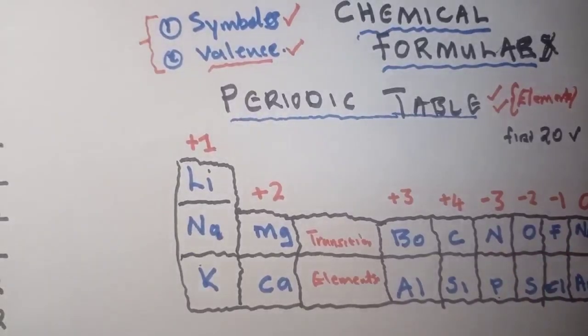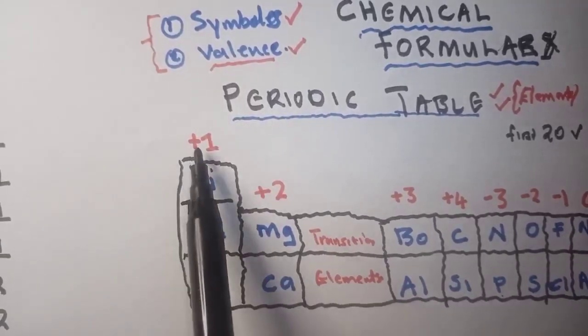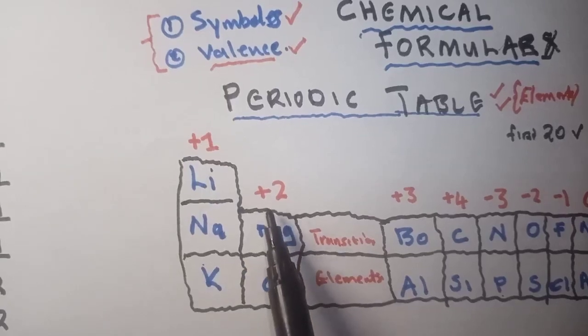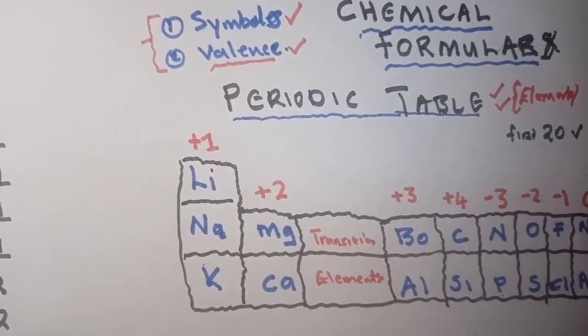Now let's dive into our topic. In this diagram here, you can see I've written here +1, here +2, here +3, +4, -3, -1, 0, and then 1.